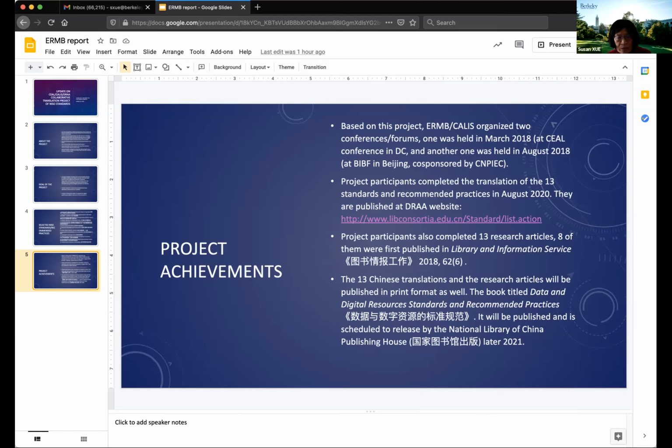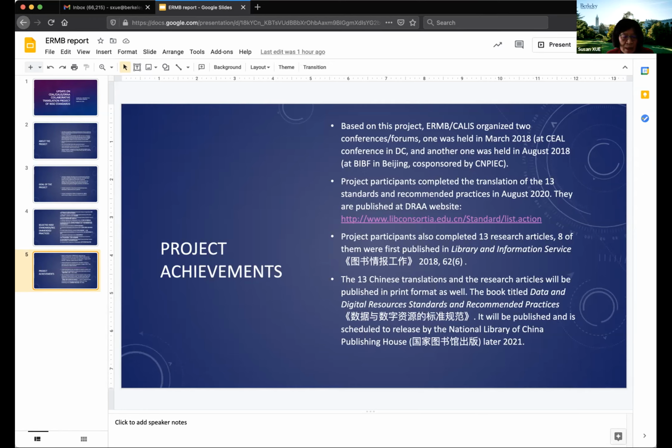The project team members completed the translation of the 13 standards and recommended practices in August 2020, last year. They have all been published on the DRAA websites. I'm going to share the websites later in the chat box, and also show very briefly how the page looks.